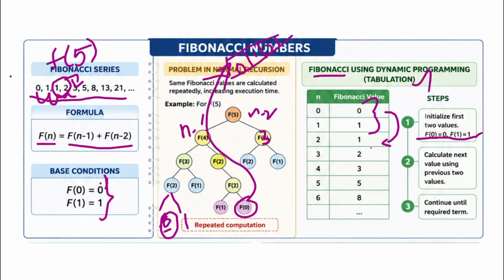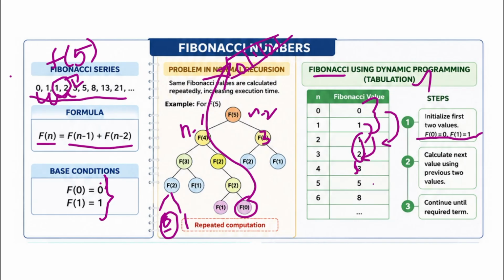Clear? Then to calculate f of 3, simply add the previous two values f of 1 and f of 2 and find the value 2. This value is also stored in the table. And for f of 4, simply add the two previous values and get the result. Likewise you find all the results and store them in this table. This is a very simple method compared to the normal recursive method.